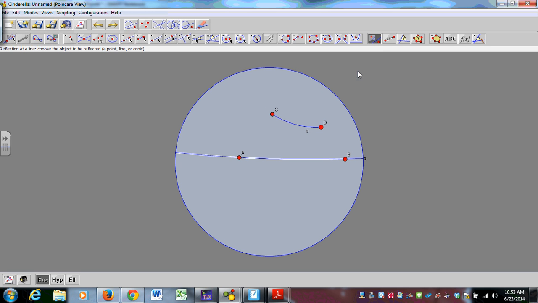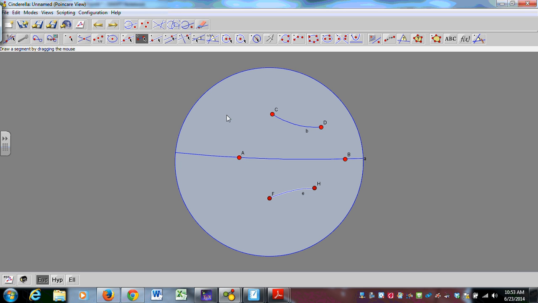You can reflect this point over that line, and you can reflect this point over that line, and we connect those with a segment, and so we say that segment FH is the image of segment CD after a reflection in line AB.